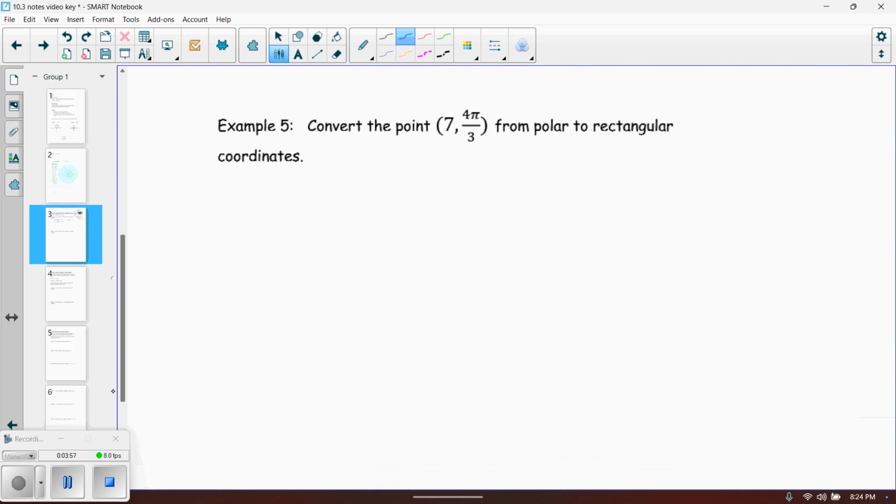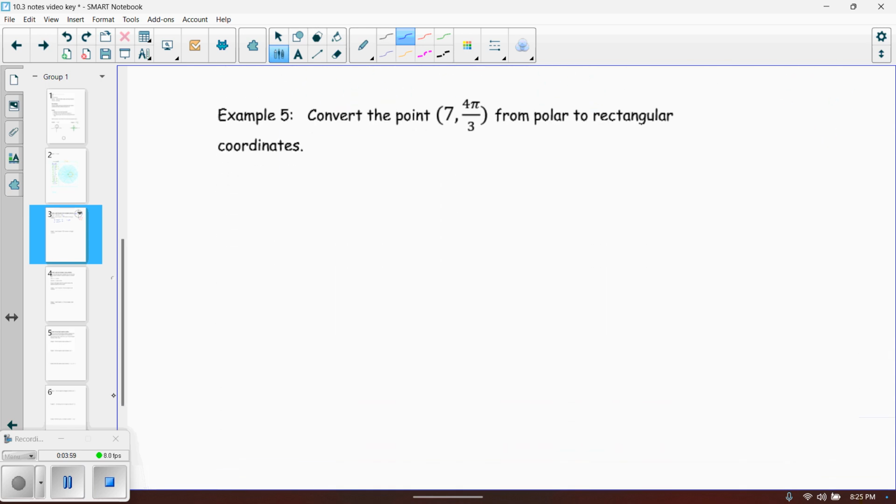Example 5, convert the point 7, 4 pi thirds from polar to rectangular. So again, x is r cosine theta. So r is 7, cosine of theta, cosine of 4 pi thirds. Y is r sine theta, so 7 sine of 4 pi thirds. So again, we just have to know our trig. 4 pi thirds is going to be in the third quadrant, so both cosine and sine are negative.